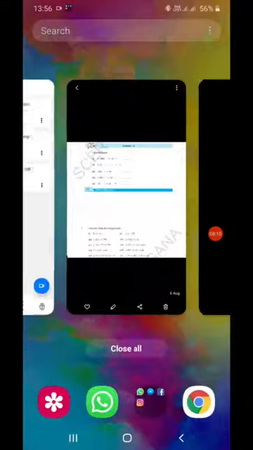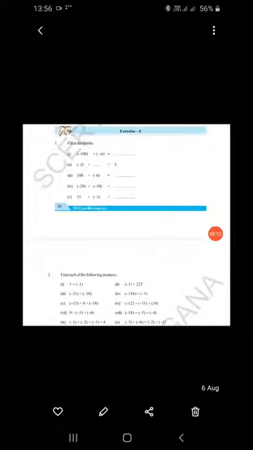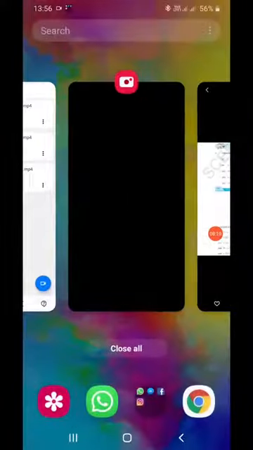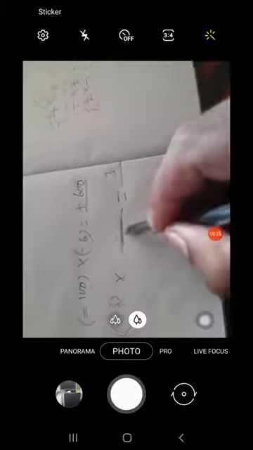Second one, what is that? You can observe there is given minus 3 into something, that is equal to 3. Which number multiplied with minus 3 will give 3?